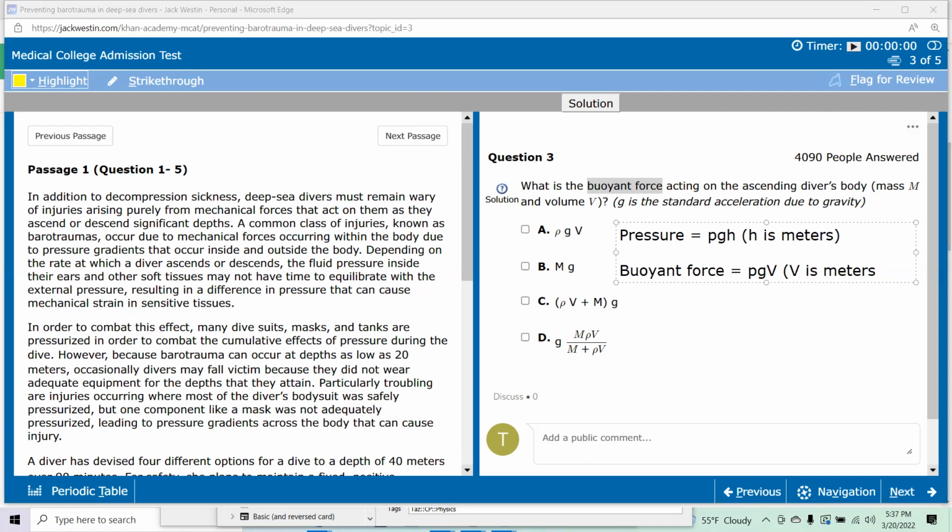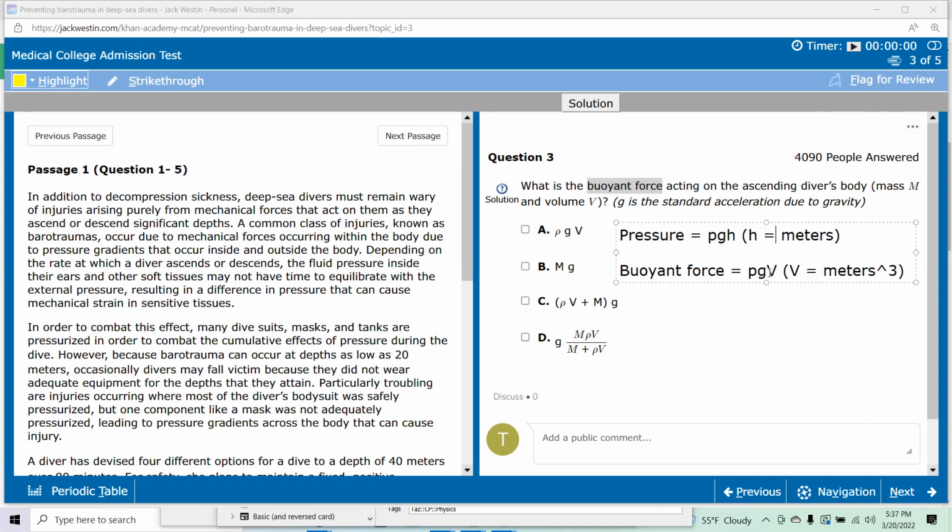Anybody remember? Cube. I'm giving you the hint. Cube. Meters cubed. Yes. Meters cubed, right? So volume is equal to meters cubed. And so H is meters.